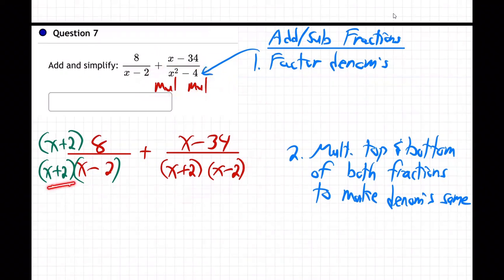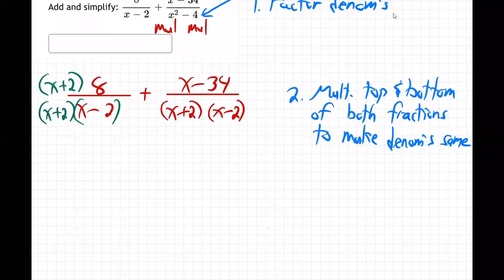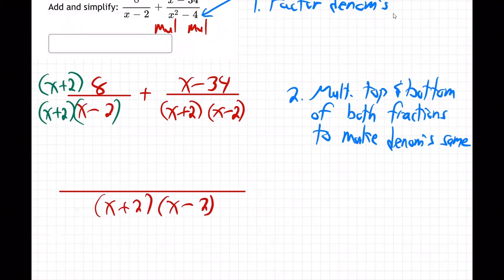Only the first fraction needed some stuff in order to have everything. So I gave him what he was missing, top and bottom, x plus 2. Top and bottom. Now the two denominators match. So that's great. We've now got a common denominator. So you could just make it one big fraction, x plus 2, x minus 2.